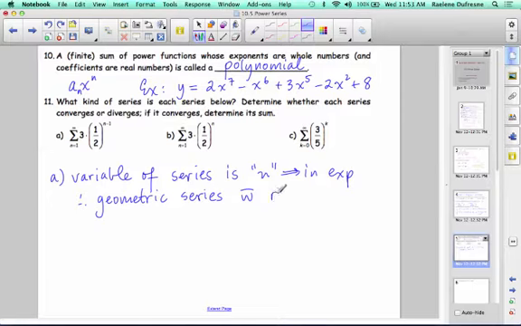Furthermore, the value for r is equal to 1/2, which in absolute value is less than 1. The absolute value of r equals 1/2, which is less than 1.